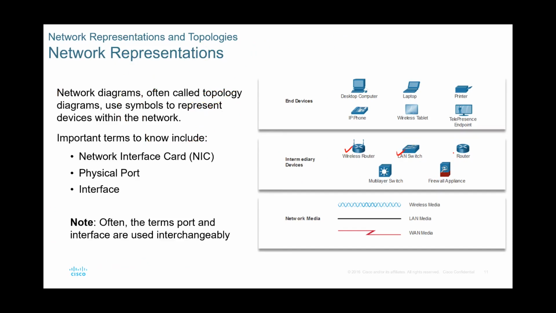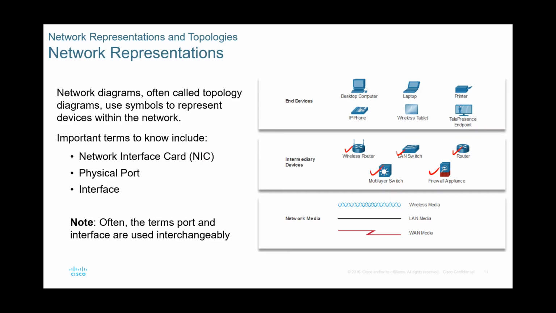When I'm talking about a router, look at the icon for a router. When I'm talking about firewall, look at the icon for a firewall. And when we're talking about another type of switch, which we call multi-layer switch, it is a switch that can do the job of a router and also work as a switch. Look at the icon for that multi-layer switch. You need to get familiar with all of these icons or symbols to represent all these intermediary devices.